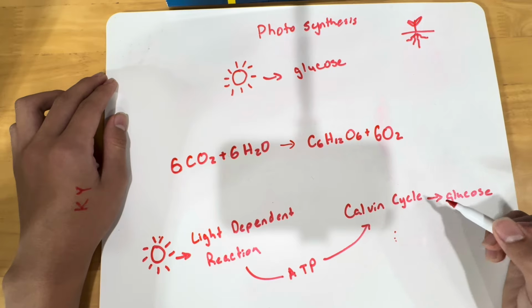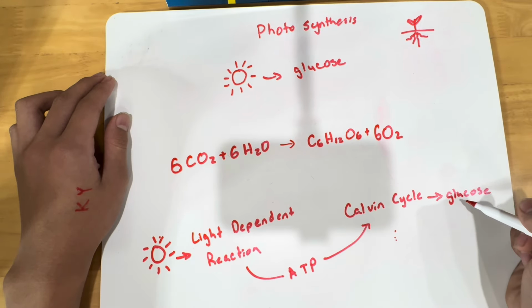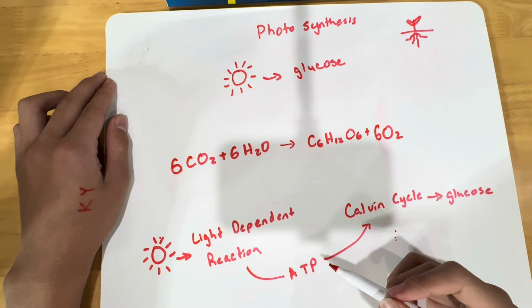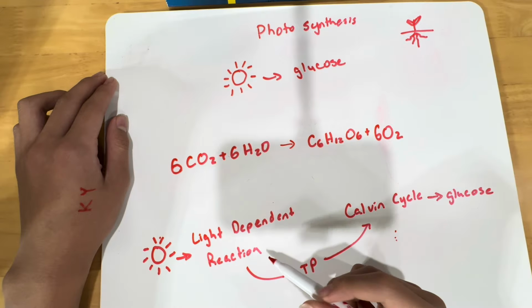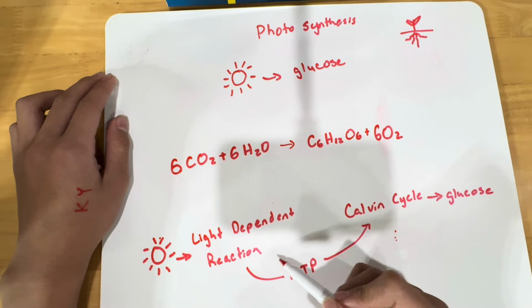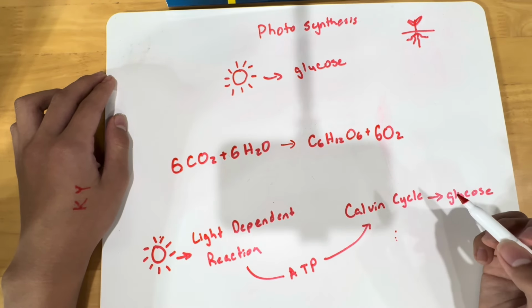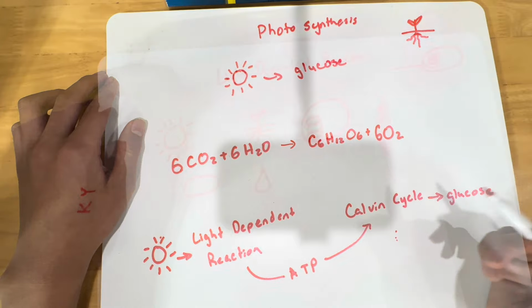This is the reaction that actually synthesizes the glucose. Because the energy, or the ATP, created in the light-dependent reaction is used up in the Calvin cycle, the net ATP for photosynthesis is 0.